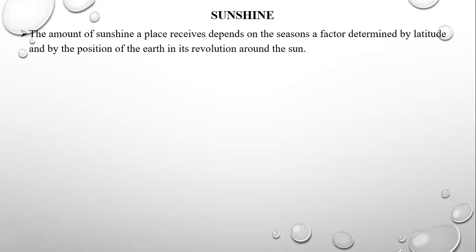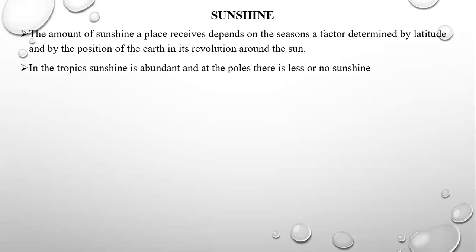Now, the amount of sunshine a place receives depends on the seasons, a factor determined by latitude and by the position of the Earth in its revolution around the sun. So when the Earth is very close to the sun, you experience more sunshine, like we do in October. And when the Earth is very far away from the sun, we experience very, very little sunshine.